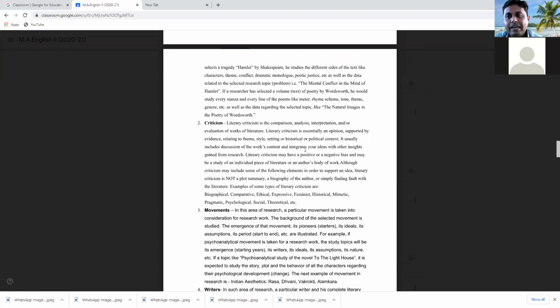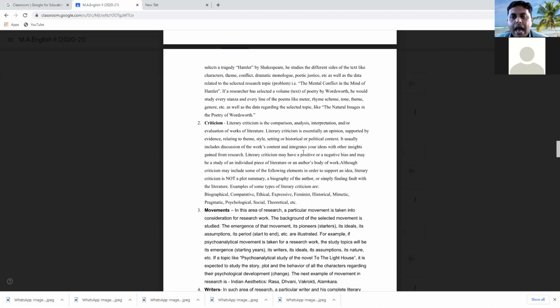So literary criticism is essentially an opinion supported by evidence related to theme, style, setting, or historical or political context. It usually includes discussion of the work's content. Here content means topic, and integrates your ideas with other insight gained from the research.